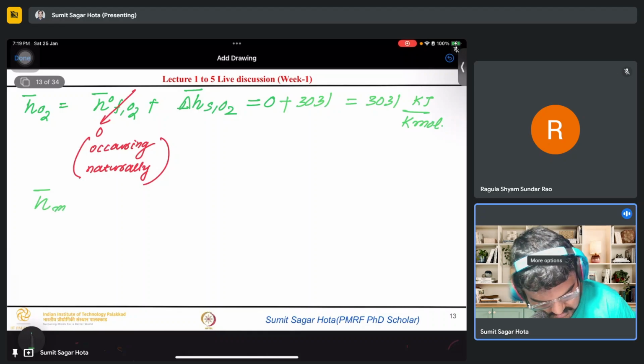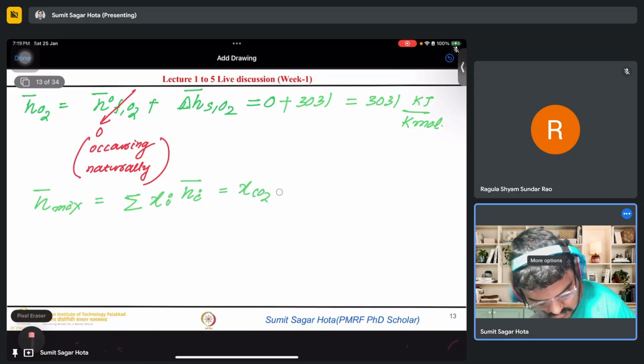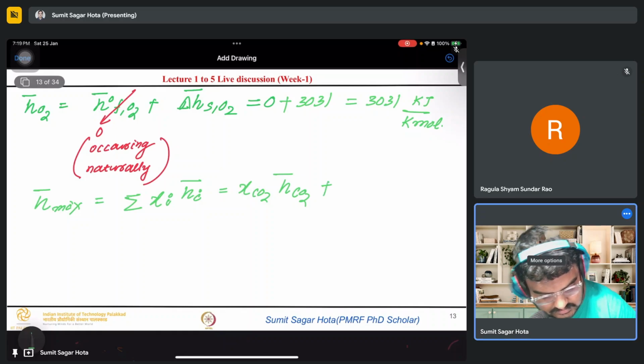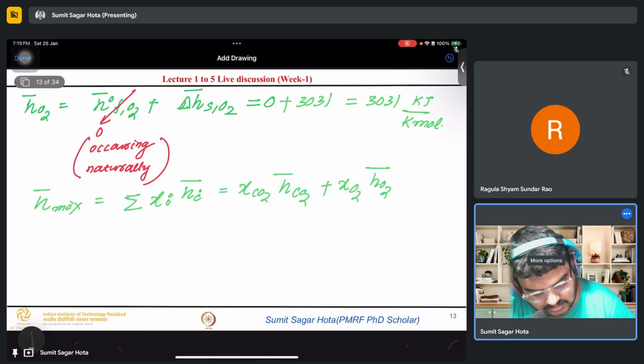H of mixture is equal to summation of chi i h i, chi CO2 h of CO2 bar plus chi O2 h of O2 bar. Okay.